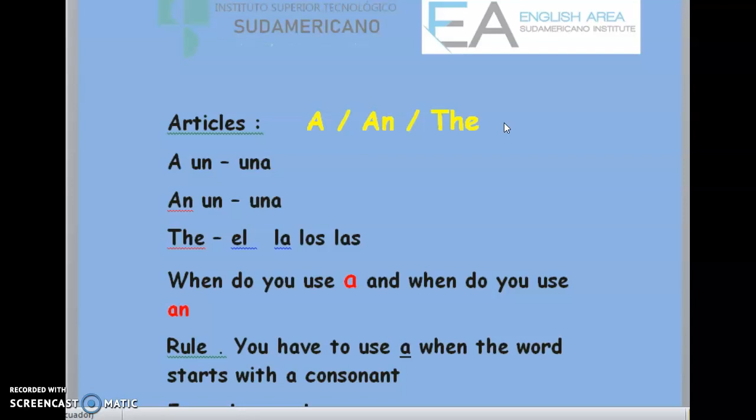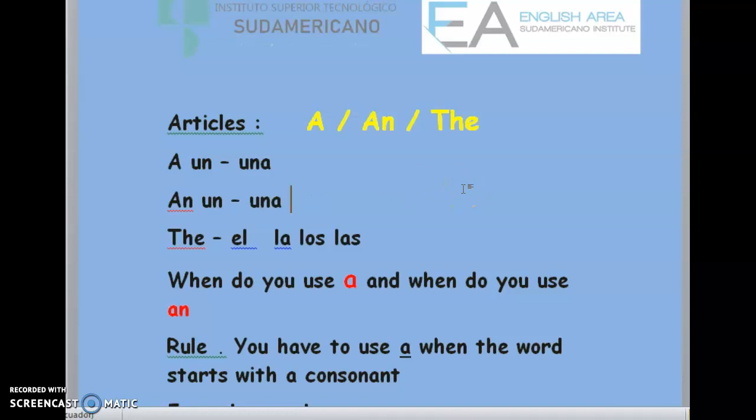Today we have a very important class. This is articles, yes? So maybe you have here articles: a, an, and the. Those are articles. And what is the meaning of a? Una, okay? And an? Una. Muy bien, pero teacher, si esto significa lo mismo, ¿cómo los utilizamos?